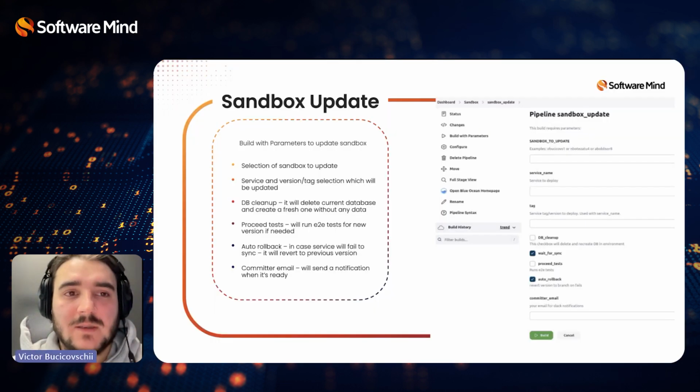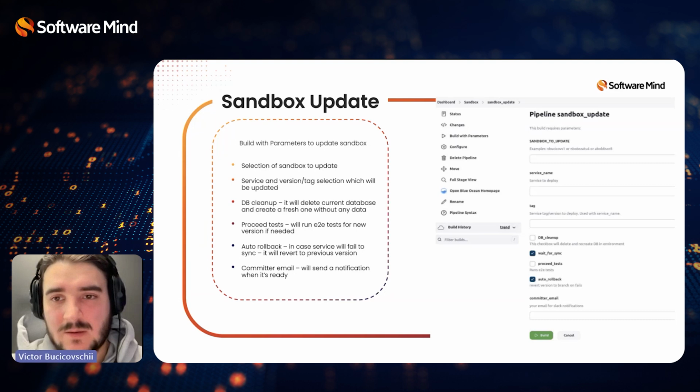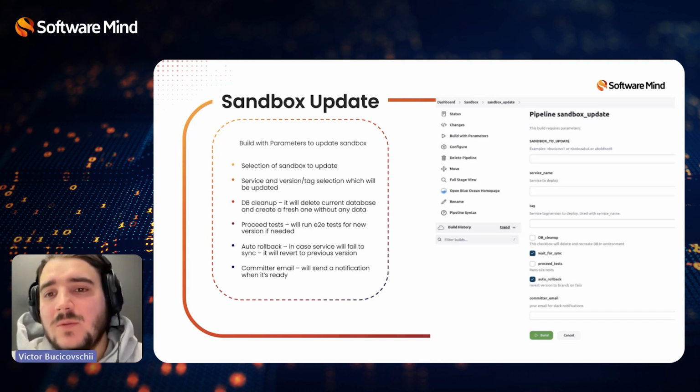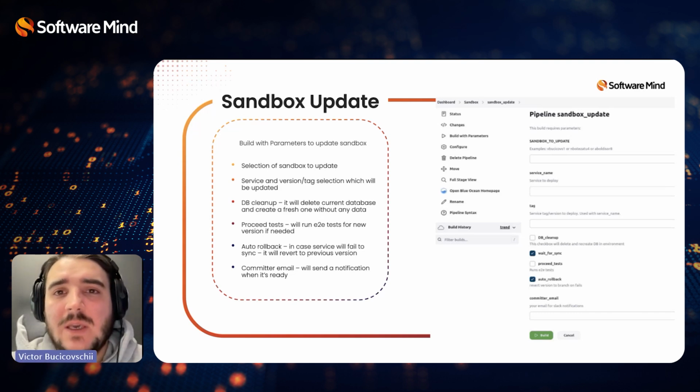Updates and maintenance. On the right side, we can see a job that updates the sandbox, where we can choose the name of the sandbox, the service name, and to which new tag we want to update it. Also database cleanup, in case there is a difference from breaking changes in services that are related to the database and it will break something.